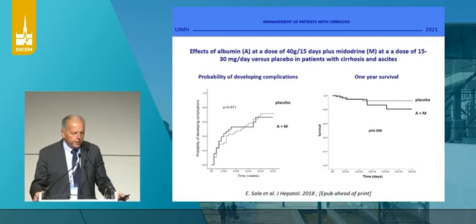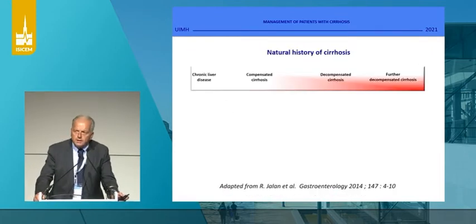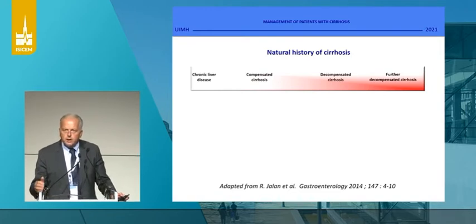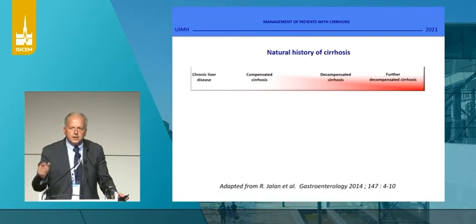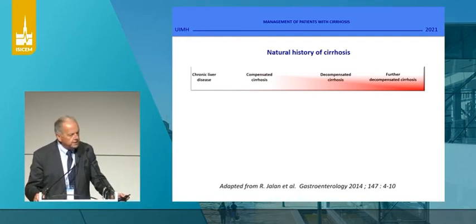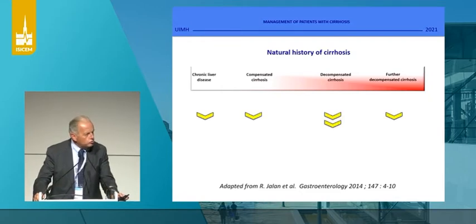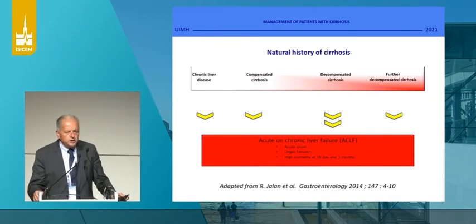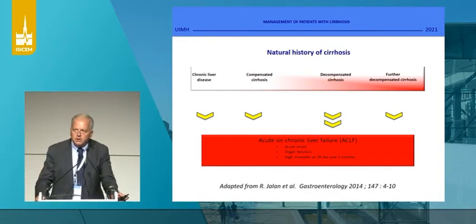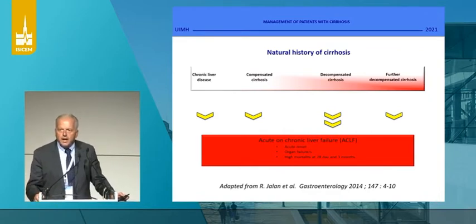Third, more important, because during the last 10 years, we learned that at any stage of the liver disease, but particularly in decompensated cirrhosis, a new syndrome may develop, that is acute-on-chronic liver failure, which is characterized by an abrupt onset, organ failure, and tremendous negative impact on 28-day survival.